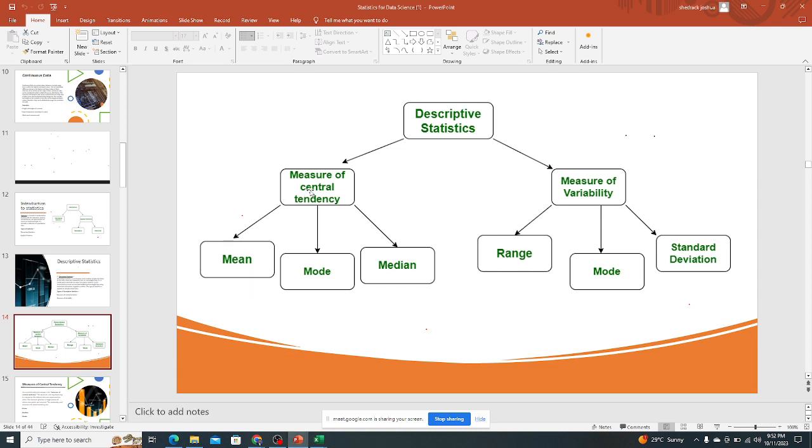We have mean, mode, and median. I can see we are almost 8 minutes to time, so I now just want to do an overview of all this, and then tomorrow we can discuss each one: what mean, mode, and median are.